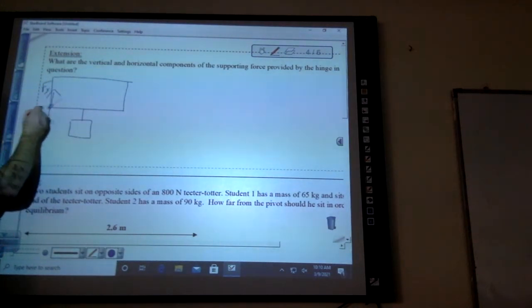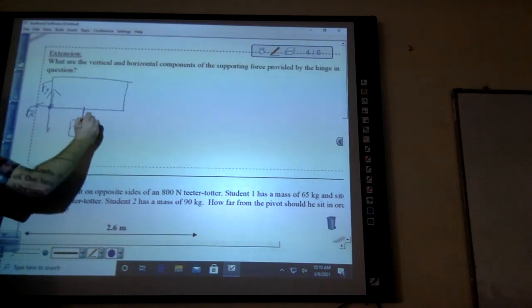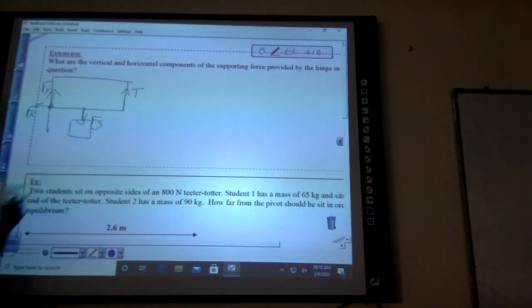It's asking what's this, and what's my force in the x direction. We already have this is Fg, this is tension. And we want to know these other two forces. In order to solve this, there's two things we could do. One of them is much easier.